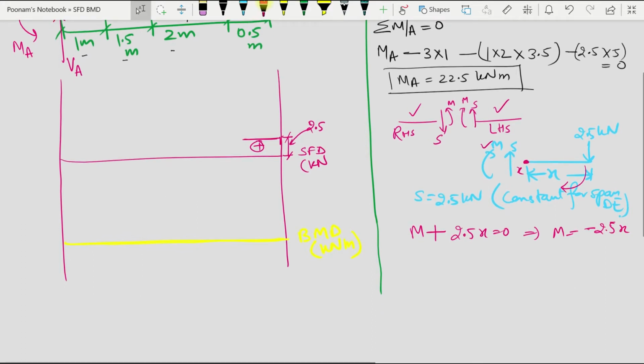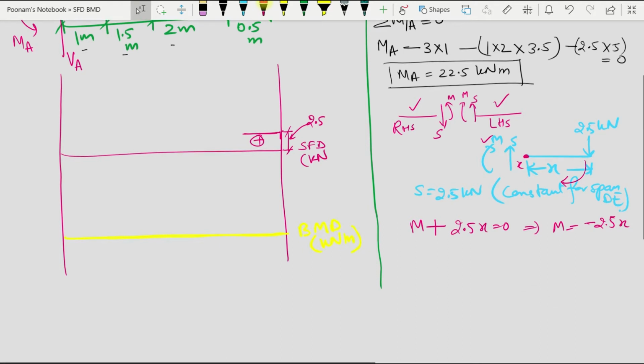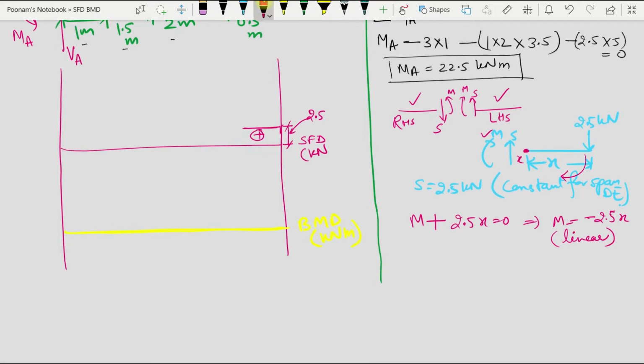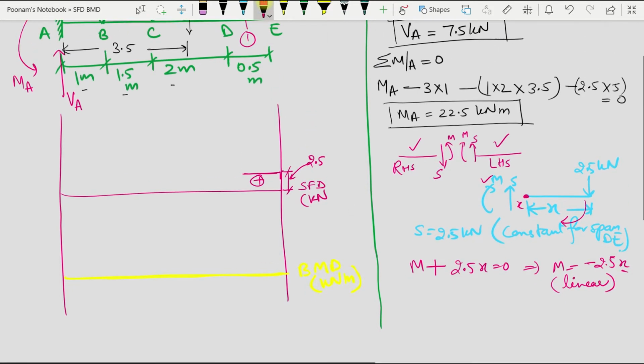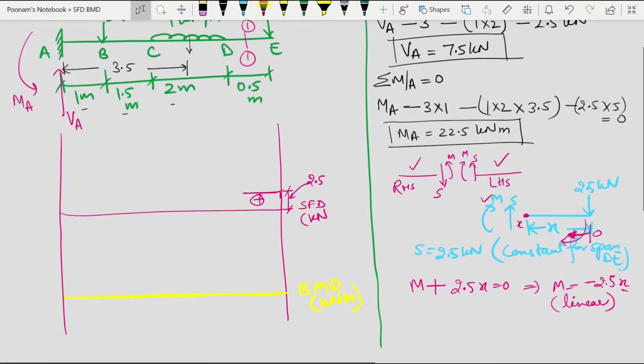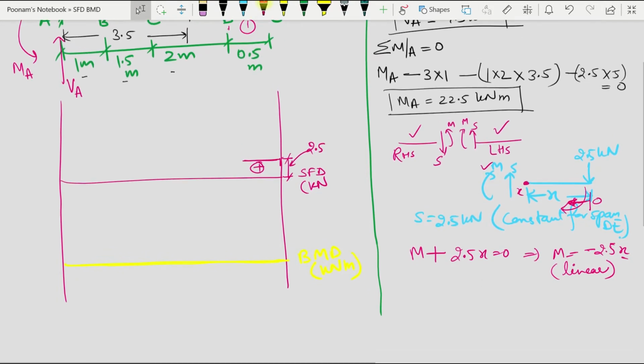Otherwise also the bending moment diagram for a cantilever is always negative. So from this equation it is clear that it will be a linear graph and will vary with x, and x will be 0 here. X is starting from here, so it is 0 here and moving towards fixed end of the beam. It is increasing and it will increase up to point D, which is 0.5.